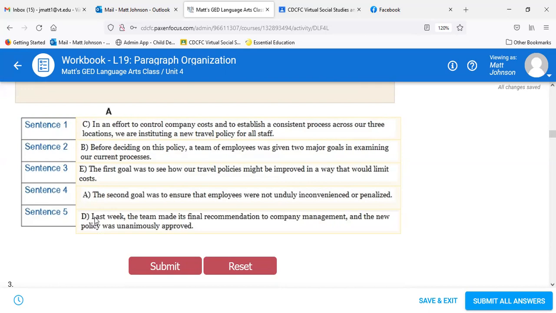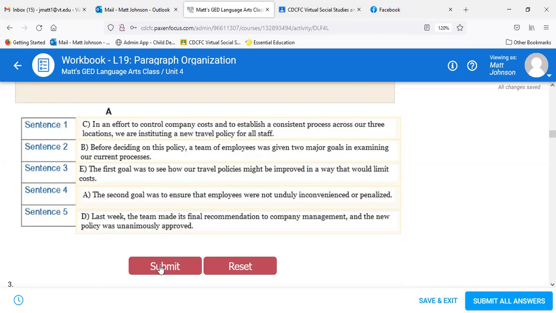If there's any of those statements, that's going to help you also figure out the order. And of course, we found the topic sentence first. If it works better for you where you see something that's obviously the last sentence, if they say something like finally, go ahead and drag and drop that into the last place. You don't have to worry about doing them necessarily in order, and if you need to reset or start over, you can do that as well.